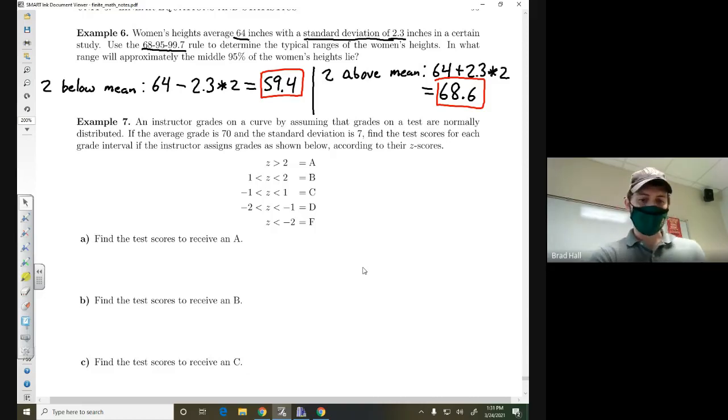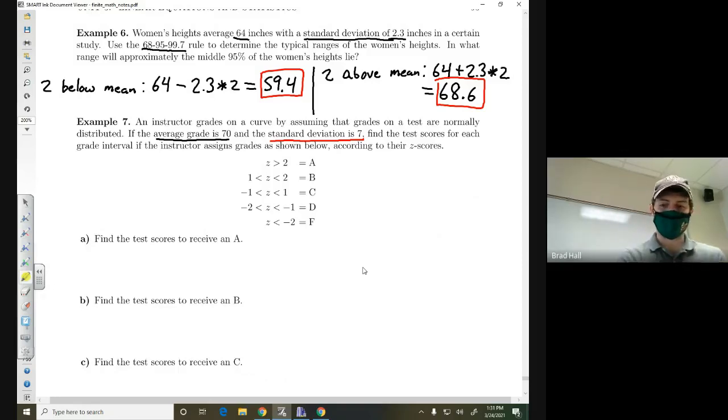The first thing of interest to us, the average grade is 70. In other words, the center, the central tendency, and they tell us the standard deviation. Find the test scores for each grade interval using this rubric that we have here.